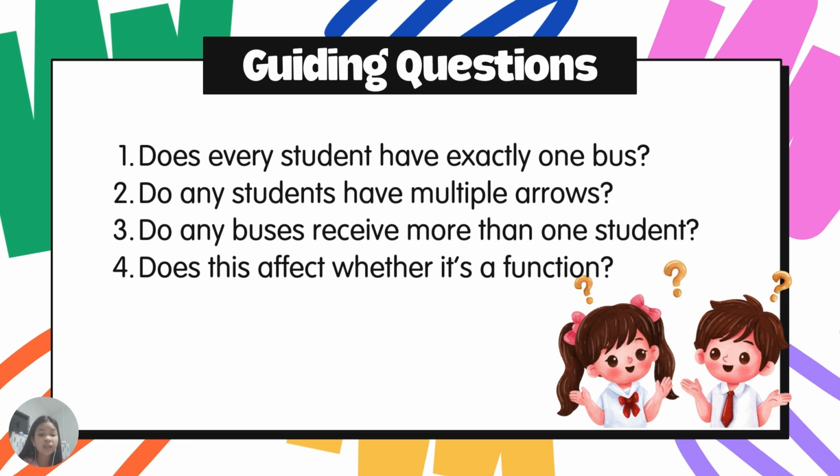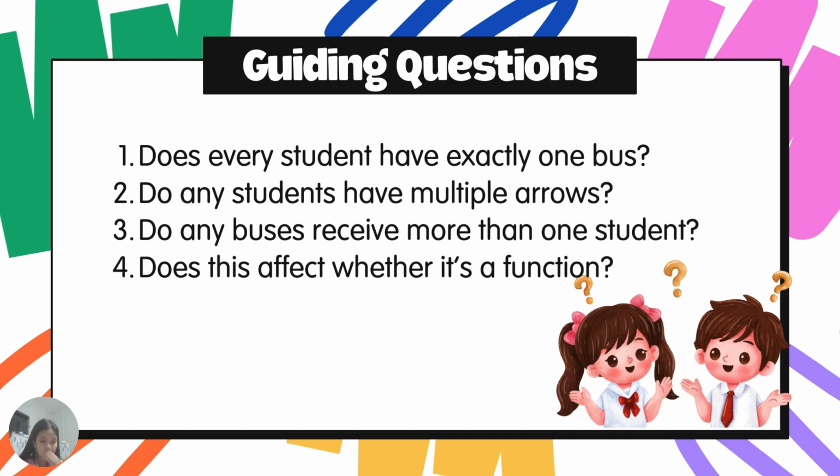Does every student have exactly one bus? Does any student have more than one arrow? And do multiple students sharing a bus matter? So remember, functions care about inputs, not outputs. You can pause here to fill in your practice sheet and mark your reasoning.